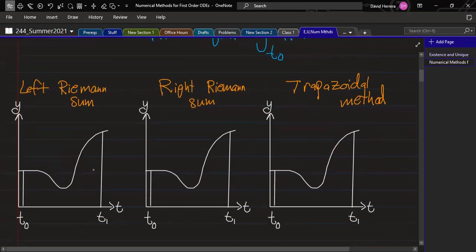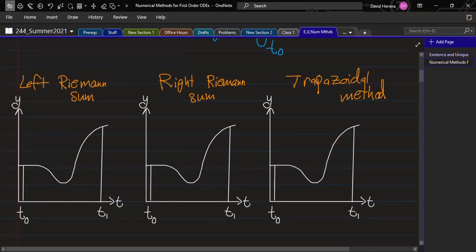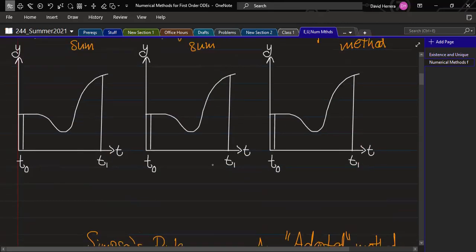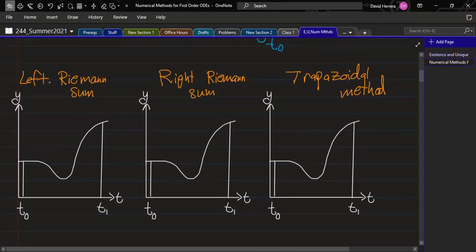So some of the methods that we saw: left Riemann sum, right Riemann sum, trapezoidal method, Simpson's rule, and we'll talk about an adaptive method in a second. And the idea for a lot of these is that you take this interval here and you cut it up into some pieces. And then each time you cut it up, it makes little rectangles here. And then you say, okay, this is almost a rectangle, and this is kind of a rectangle.